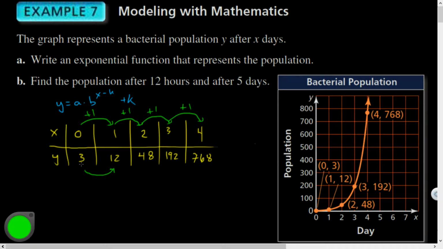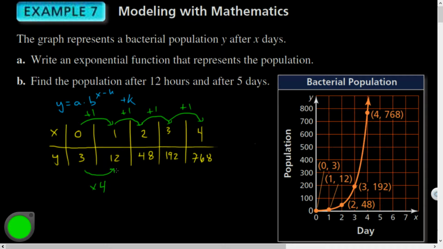So 3 times what is 12? Or what is 12 divided by 3? Friends? Yeah, 4. So that means that 3 times 4 was 12.